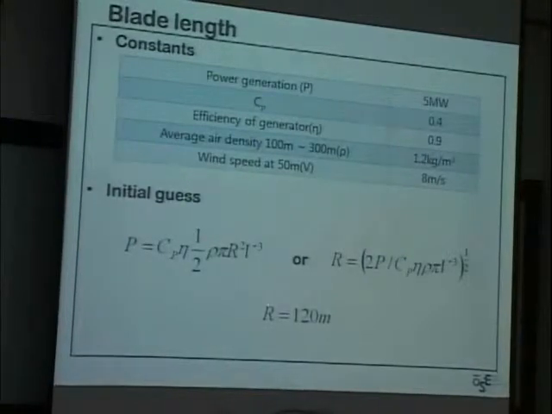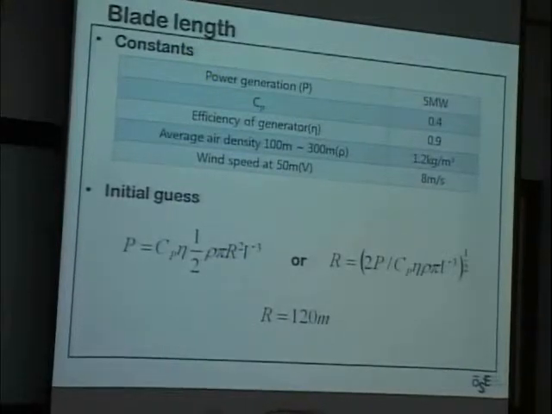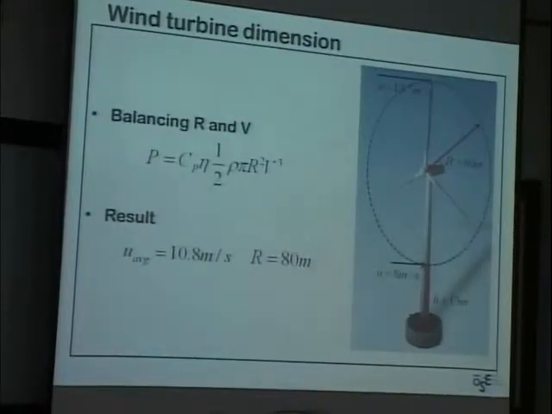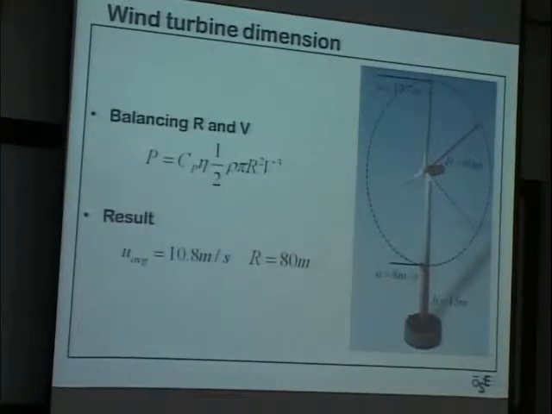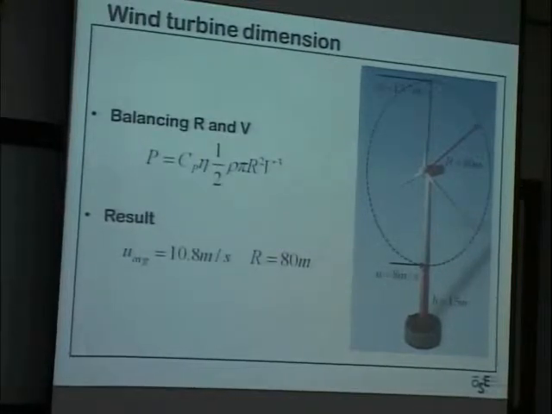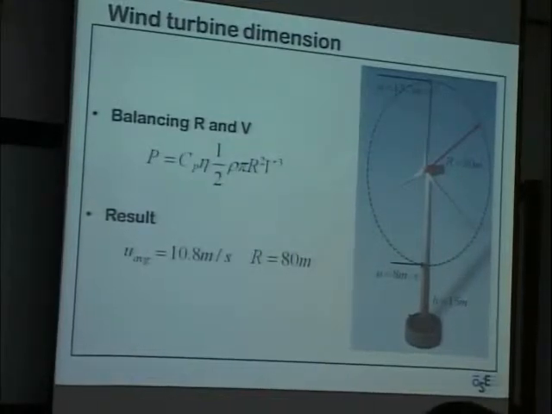The initial values are equal to 120 meters. After some calculation, we got the average velocity of the wind is 10.8 meters per second, and the radius of the blade is 80 meters.